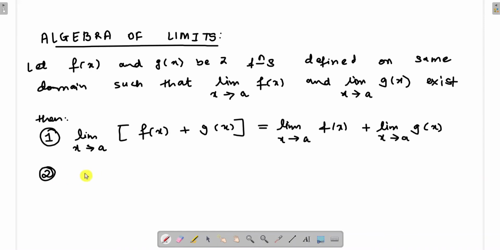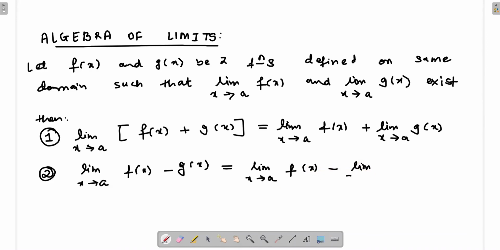Now second, the limit as x tends to a of f(x) minus g(x) is nothing but limit x tends to a of f(x) minus limit x tends to a of g(x). It is similar to the first property: as you have the addition property, you have the subtraction property in limits.